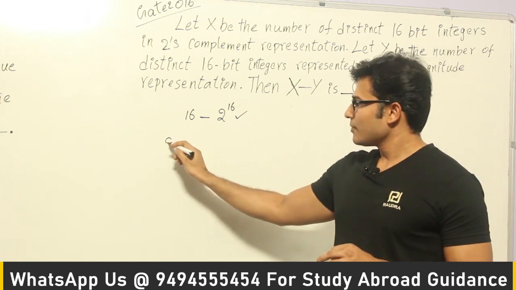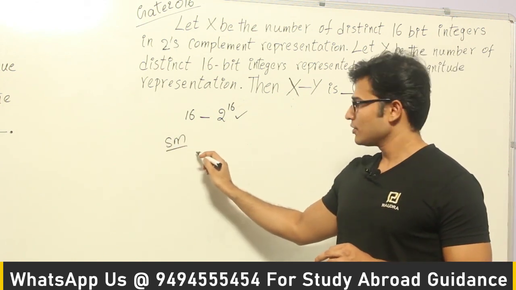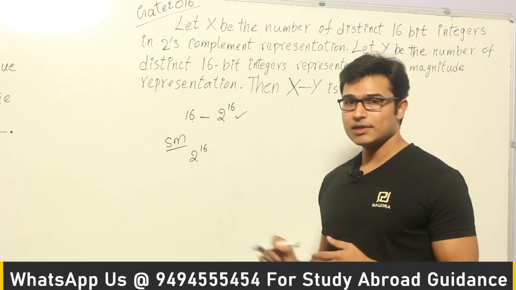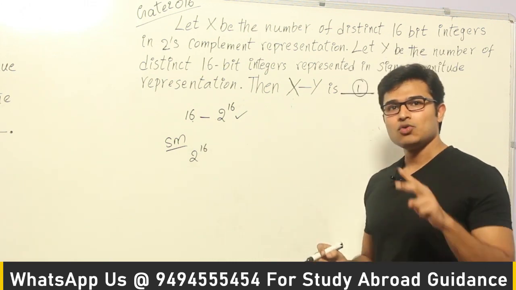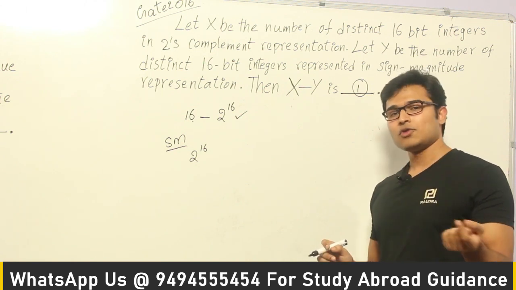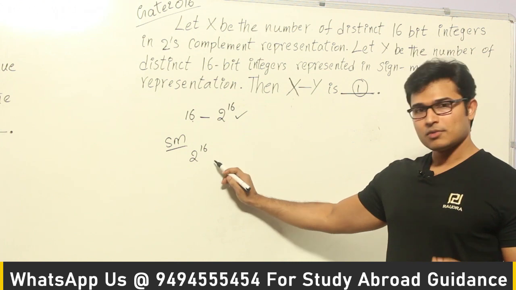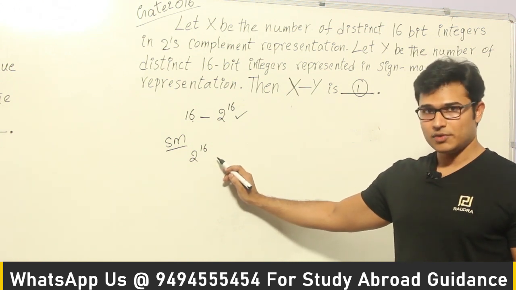Now coming to sign magnitude representation, even though you are going to get 2 power 16 different combinations using 16 bits, you are going to waste 2 combinations to represent the same number, that is 0. Now in sign magnitude, in order to represent 0, you are going to waste 2 combinations.